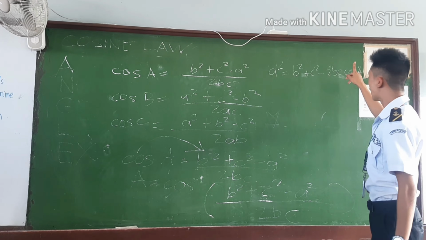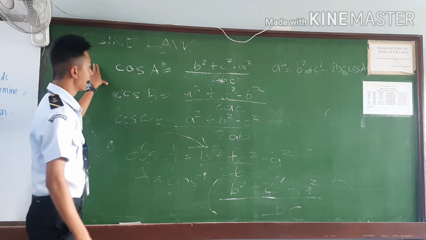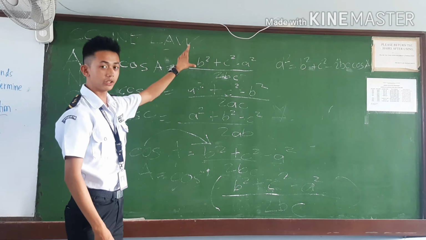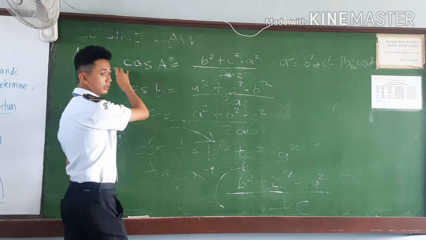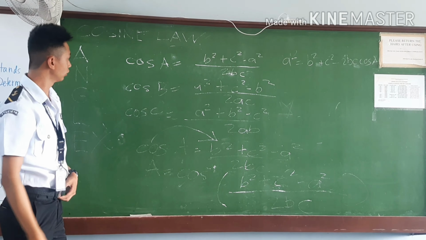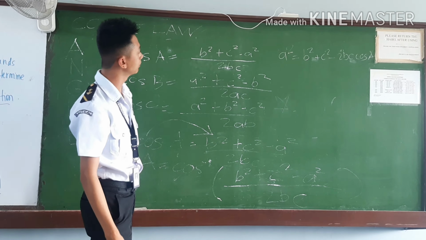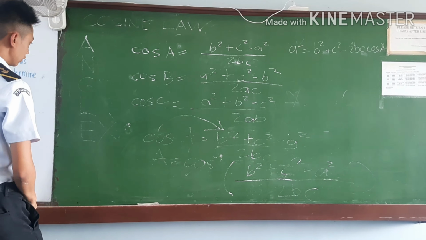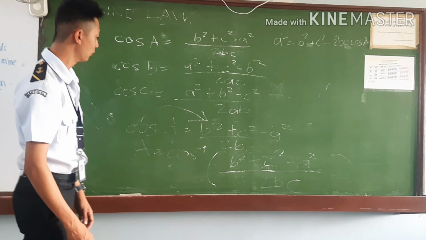In order to find the angle, we need to move the cosine A term to the left side, and A squared will move to the right side. It will be subtracted, because we need to subtract A squared in order to move it to the right side. So cosine A equals B squared plus C squared minus A squared over 2BC.